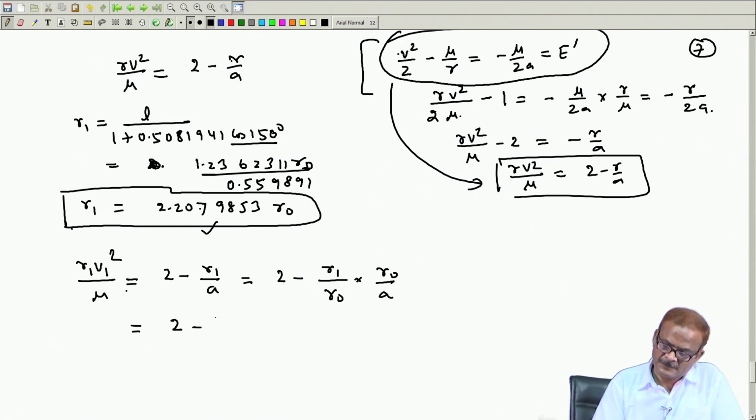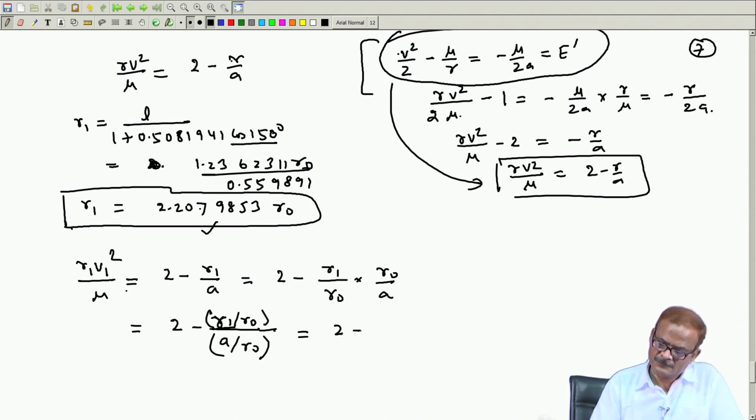So, 2 minus R 1 by R 0 divided by A by R 0. So, A by R 0 is known, R 1 by R 0 is known.